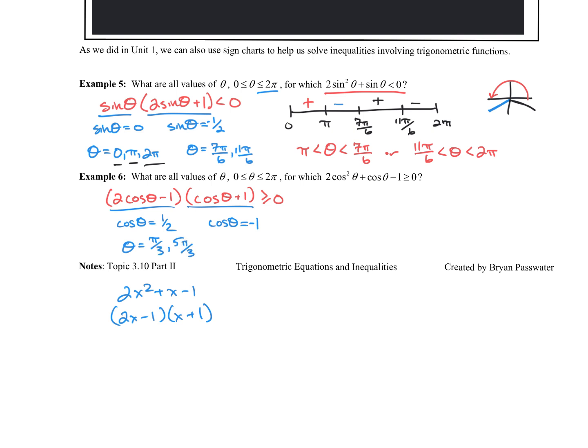And when does cosine equal -1? At pi. Now when I make my sign chart, I'm going to go from my endpoints of 0 and 2 pi still. But now I have pi over 3, and I have pi, and I have 5 pi over 3.